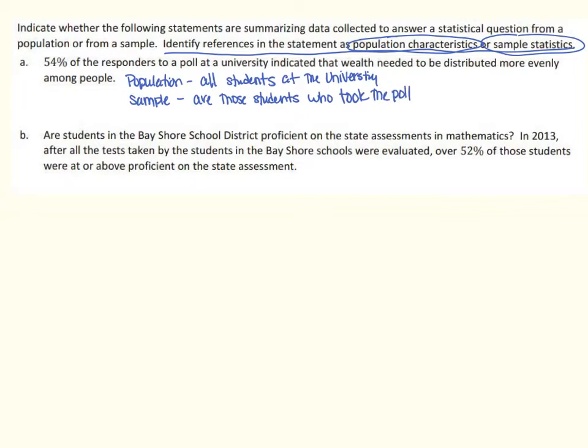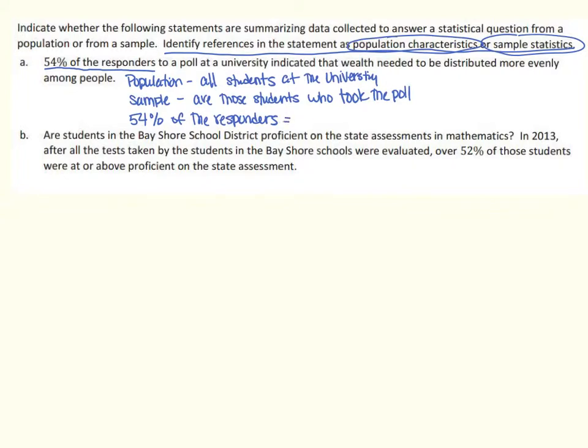Okay, so now here is the new part that you have to learn. The population characteristic or sample statistic. So the sample, or the next thing that you're supposed to learn, gives it a numerical value, okay? So this result right here, the 54% of those responders, of those people who actually took the poll, that is what we're looking for. So what you're going to do is you're going to write that down, the 54% of the responders.